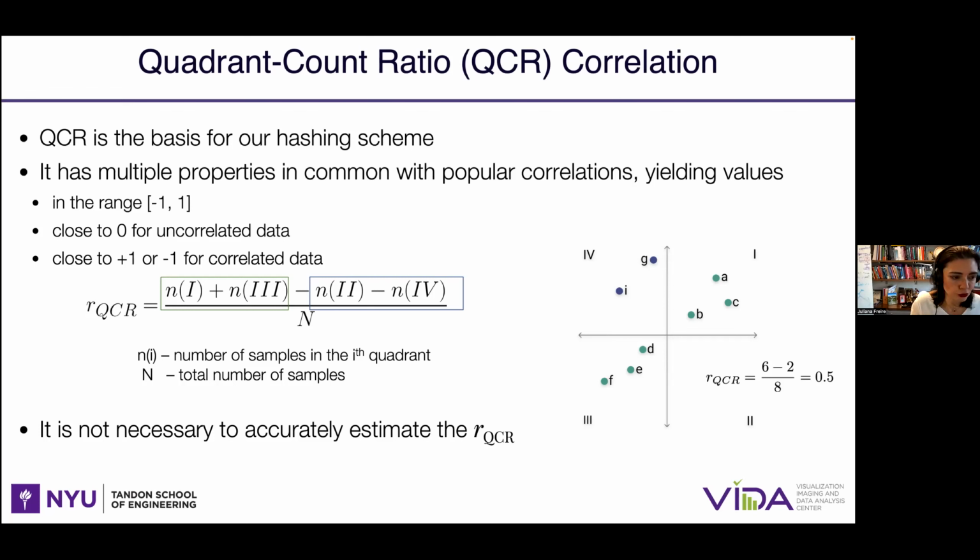It's close to 0 for uncorrelated data and +1 or -1 for correlated data. If you have your points here, the RQCR can be computed by adding the number of points in the positive quadrants 1 and 3, subtracting the ones in the negative quadrants 2 and 4, and dividing by the total number of points that you have.